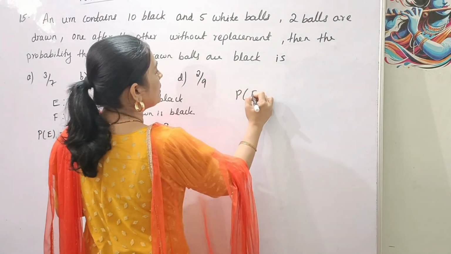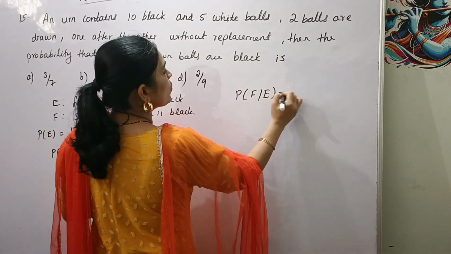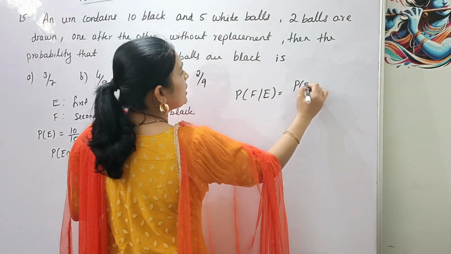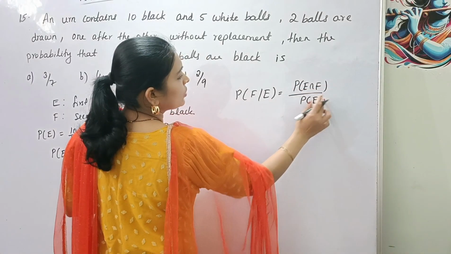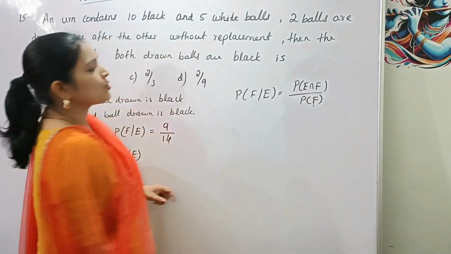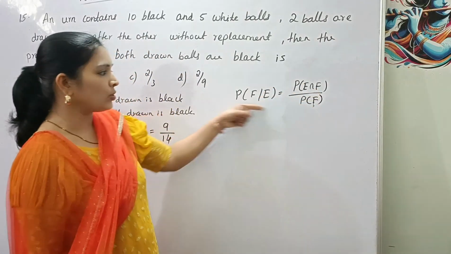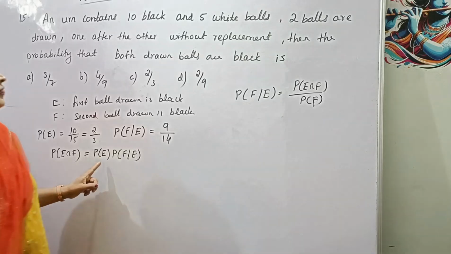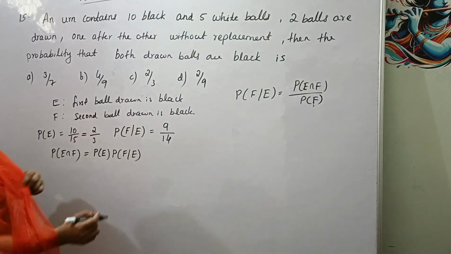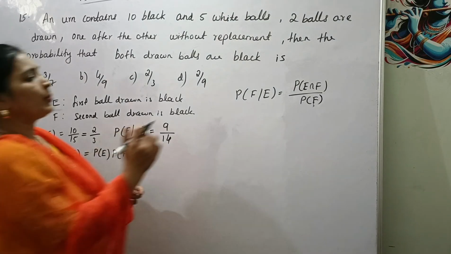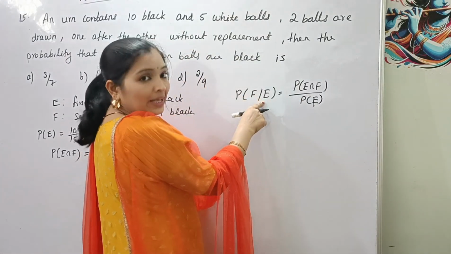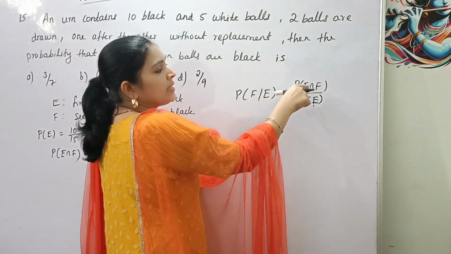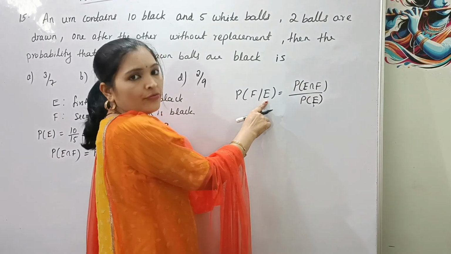Probability of F given E is equal to probability of E intersection F divided by probability of E.